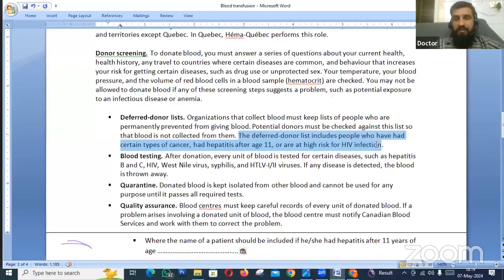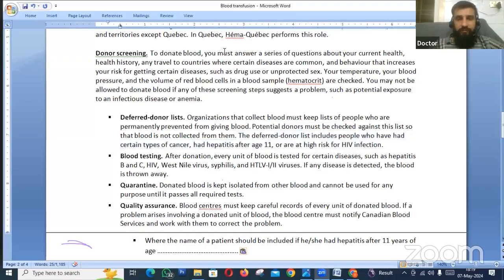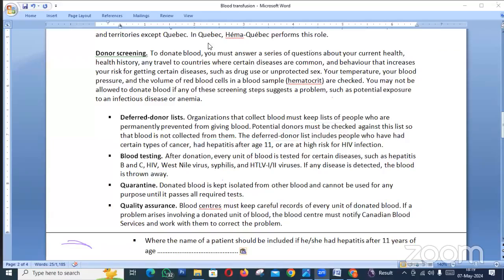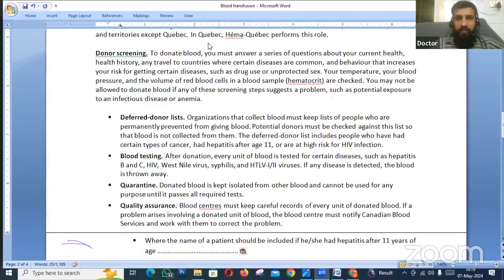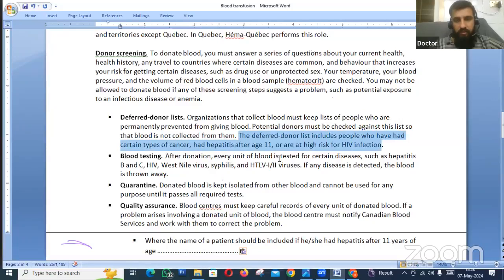So if we read this sentence, can anybody tell me what your answer is? Sir, deferred donor list. Very good. How were you able to find the answer? Okay.